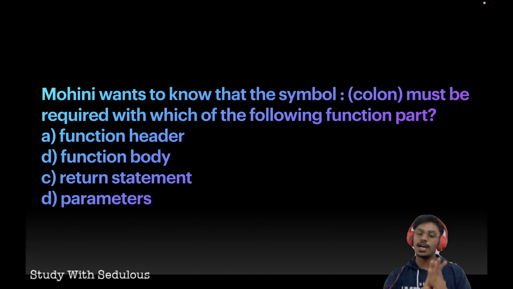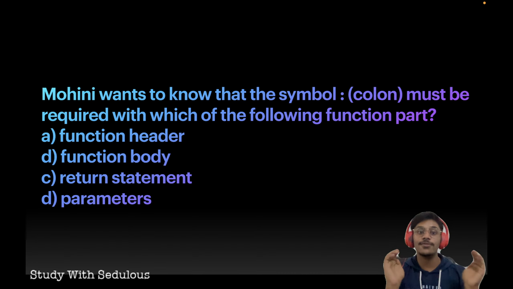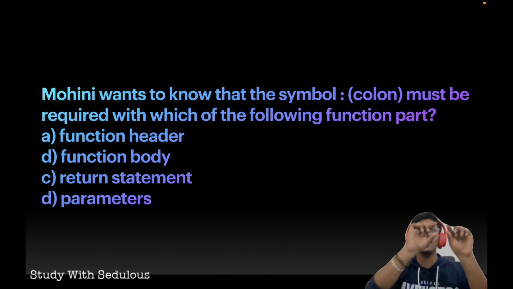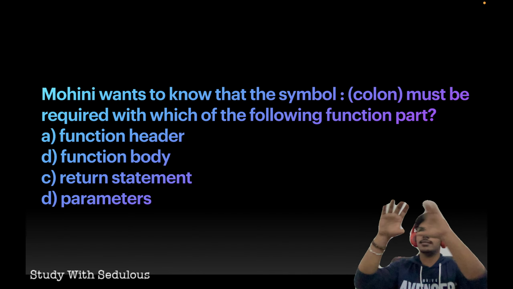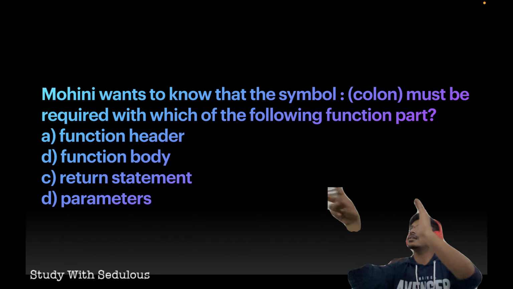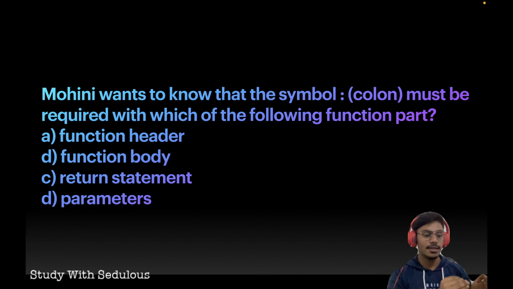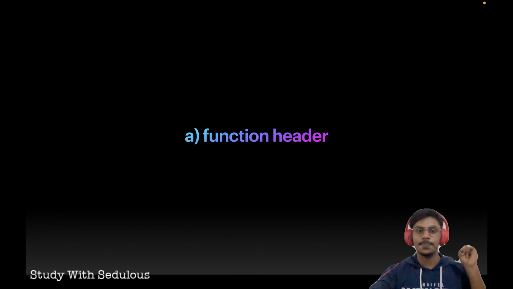In the last we just write return something. We don't write a colon. Function body, do we use it there? Why do we use colons? Because after every colon, indentation will be changed by one tab. So the answer is A, function header. Def, function name, then the parameters, colon. Then the body comes next. So option A.